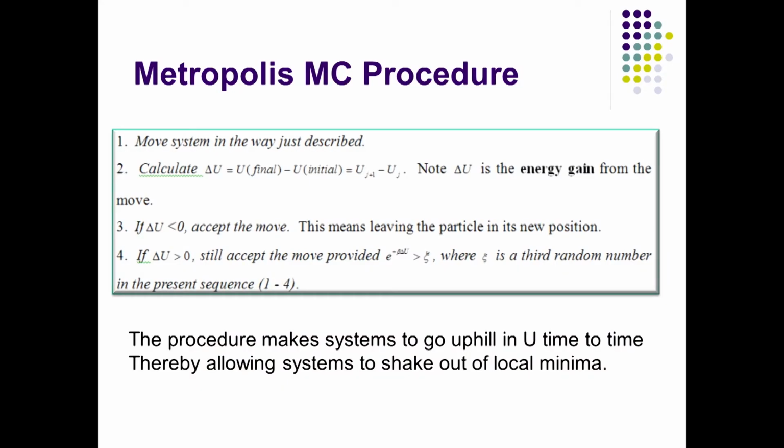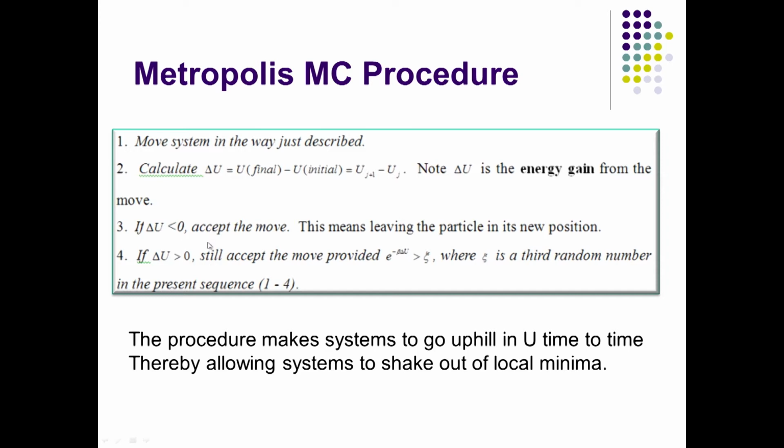For that, I use the Metropolis Monte Carlo procedure, where you calculate delta u between the initial and the final configuration, and then find the difference, and every time you take the difference, you do 2 things. You look at the value, is it less than 0?